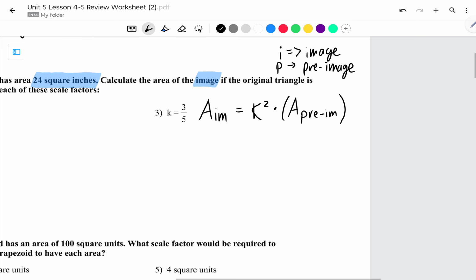Okay, so the area of the image is going to be k squared, which is 3 over 5 squared, times 24 square inches, so that's going to be inches squared.